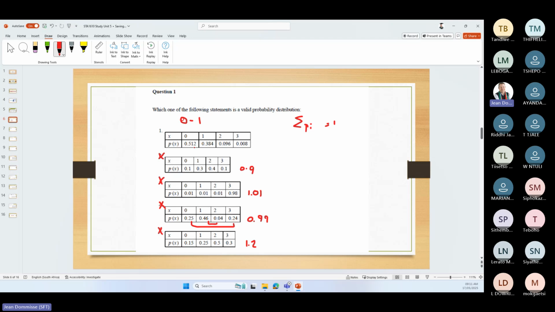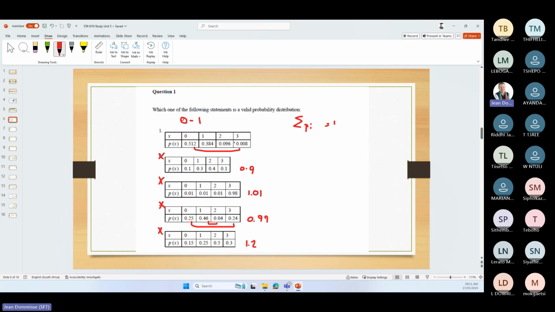Okay, those two together is 0.52. Wait, let me get my calculator. I'm worried that that is also wrong. It's 1, Seth. Is it 1? Okay, yes, perfect. Let me just do the calc because I was now worried. Cool.